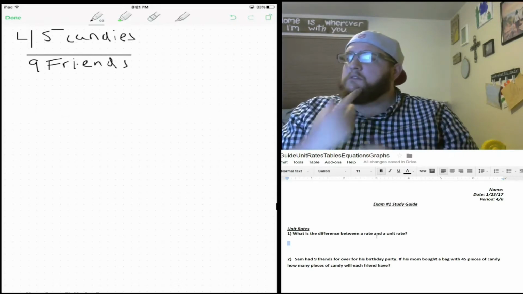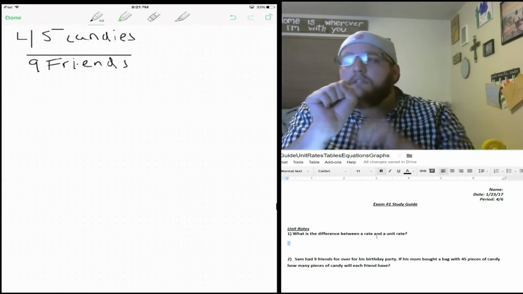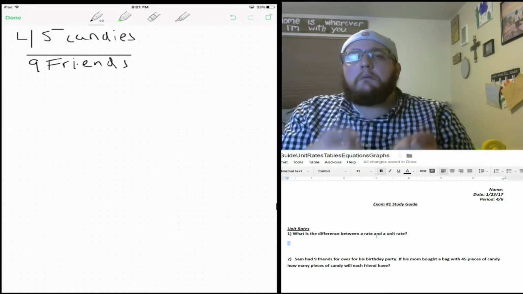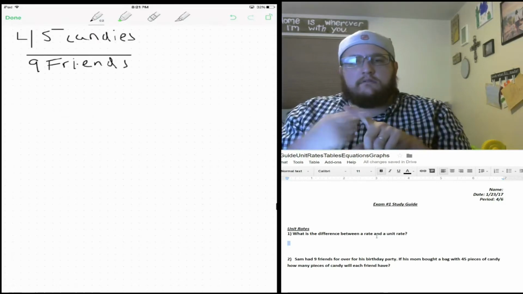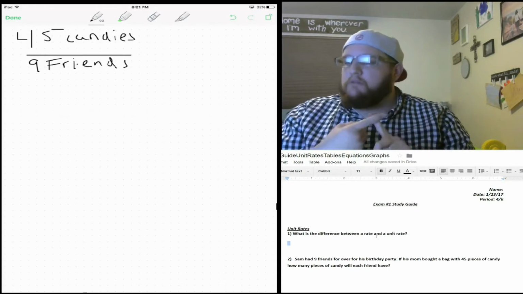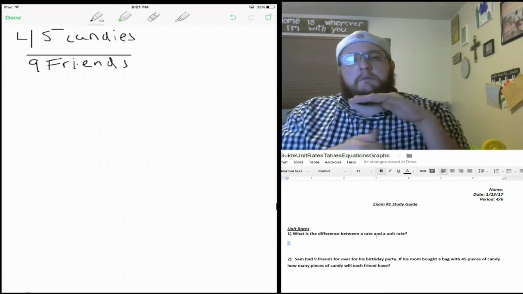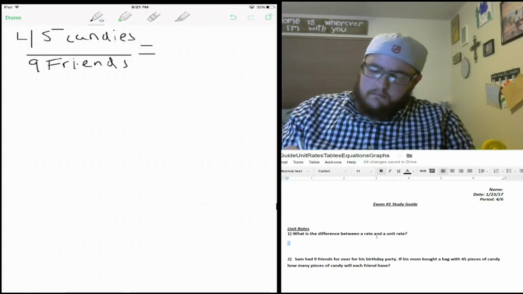So the reason we decided to put 45 in the numerator is that you'll notice in the question it says that they want to know how many pieces of candy will each friend have. So notice that pieces is plural. It's talking about many pieces. So that means it's not going to be single. It's not going to be 1. Also notice that friend or friends in the question changed to friend.